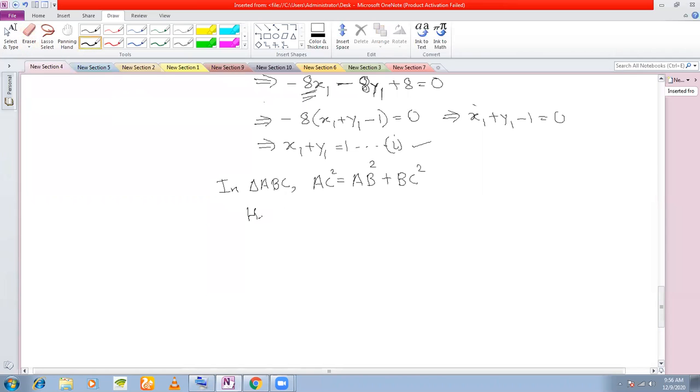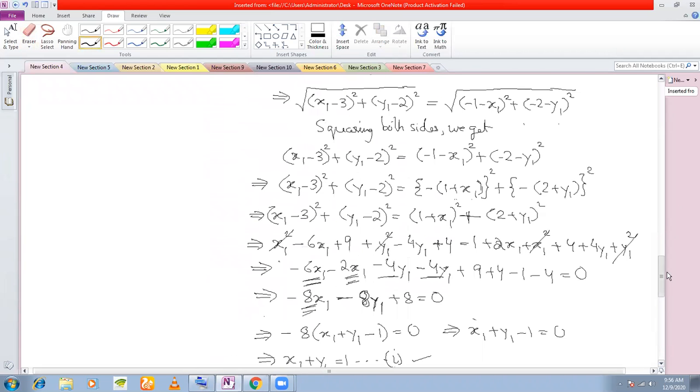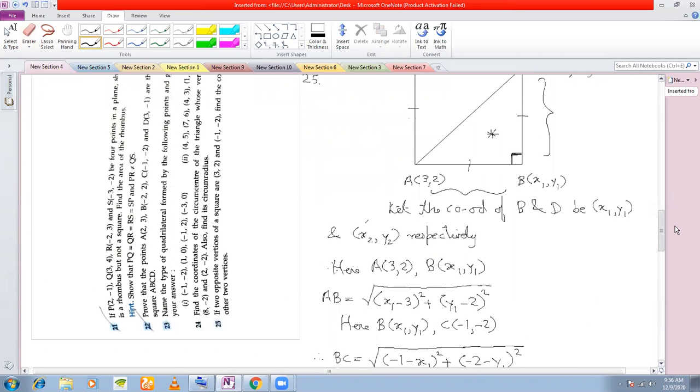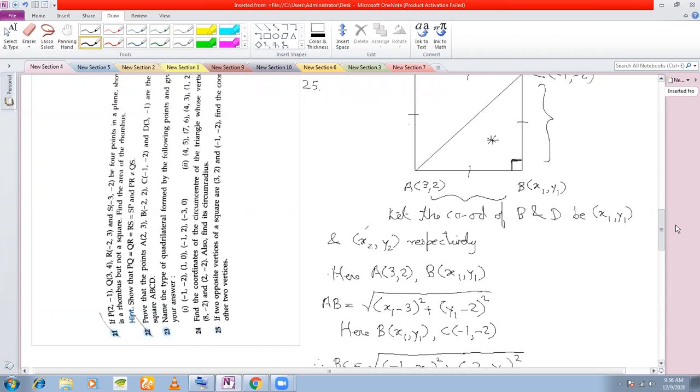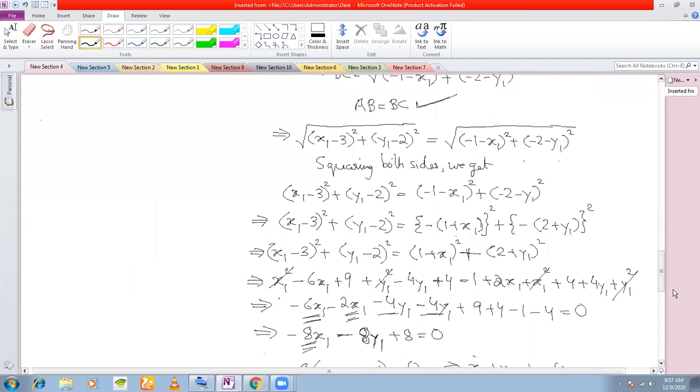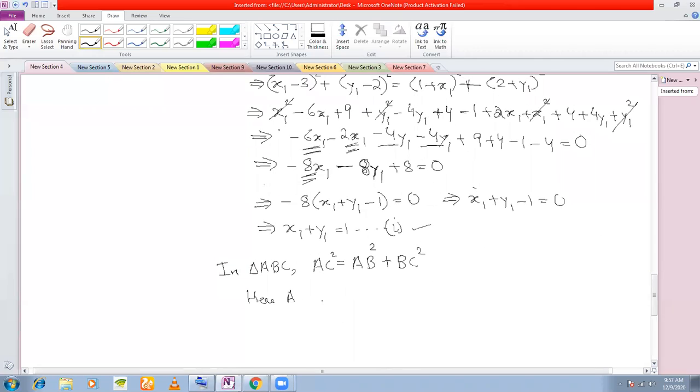The coordinates of A here is 3, 2. And the coordinates of C here is minus 1, minus 2. You can check in the figure.